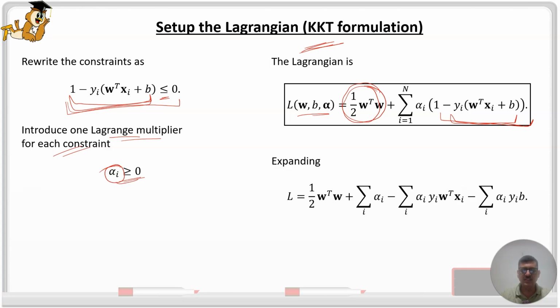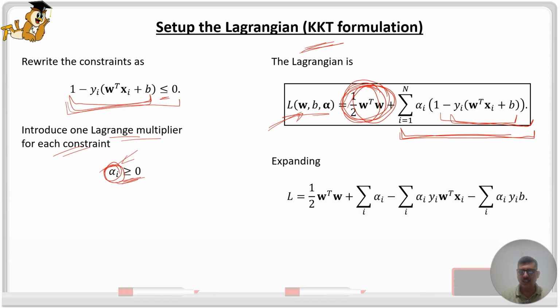And because we said that alpha i is always greater than or equal to 0, this term is always negative, and therefore the Lagrangian L is a lower bound at all times for the quantity that we wanted to minimize to begin with. So remember this, L is a lower bound for half of W transpose W, which is the quantity that we wanted to minimize. Okay, that's the reason for choosing alpha i's to be greater than or equal to 0.